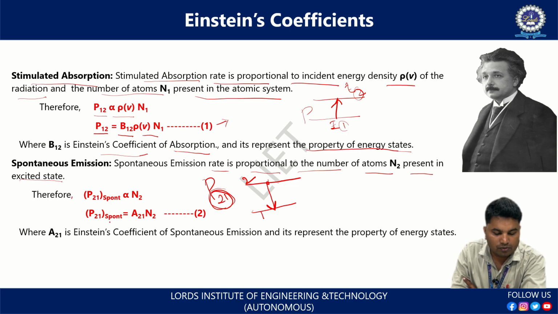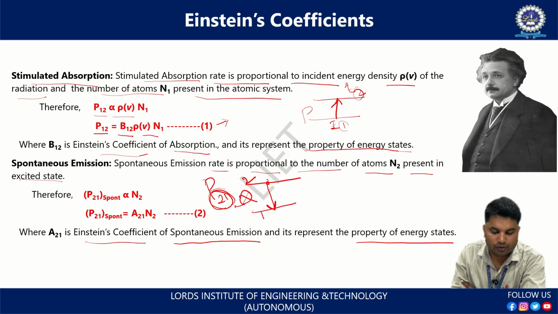Therefore, P21 spontaneous emission will be equal to A21 N2, where A21 is the Einstein coefficient of spontaneous emission and it represents the property of energy state. In the case of spontaneous emission, we do not require any external energy such as a photon of energy.